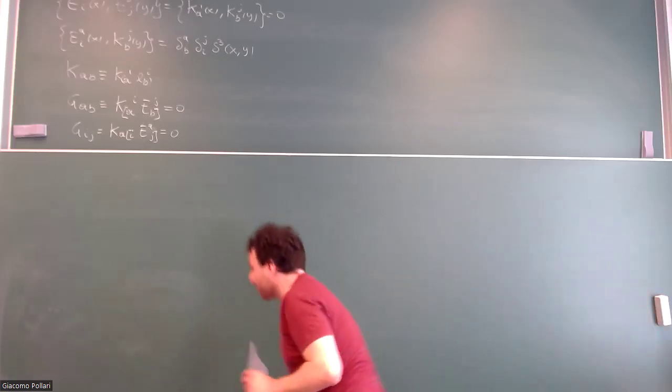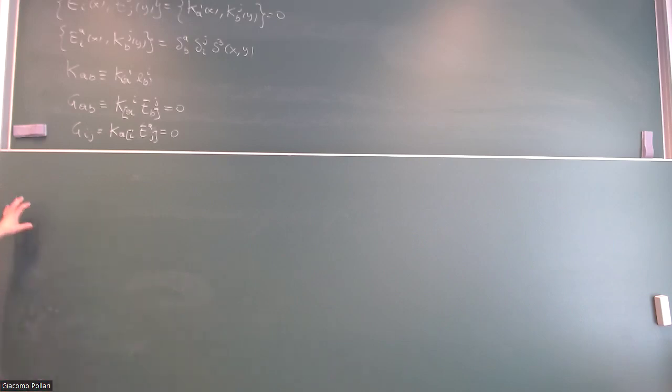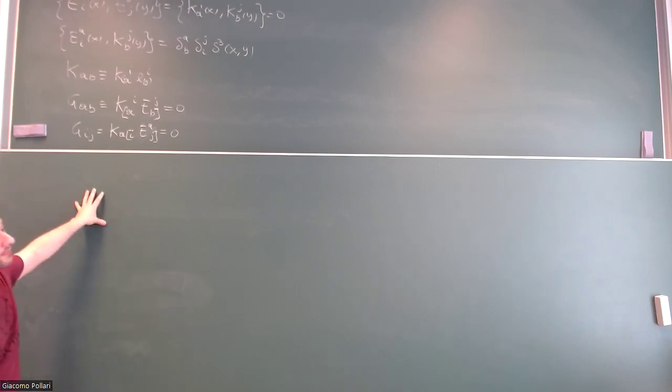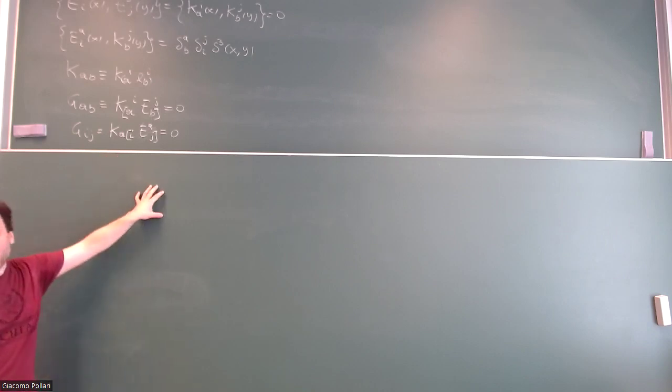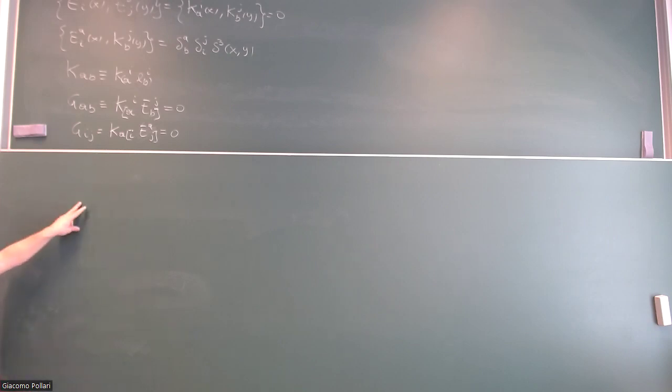Now, if we follow the alternate picture, since we know that general relativity is a constrained system, we have constraints. But in the ADM, we have seen that we have two types of constraints. One is called the vector or differential constraint, and the other is the scalar or Hamiltonian constraint.